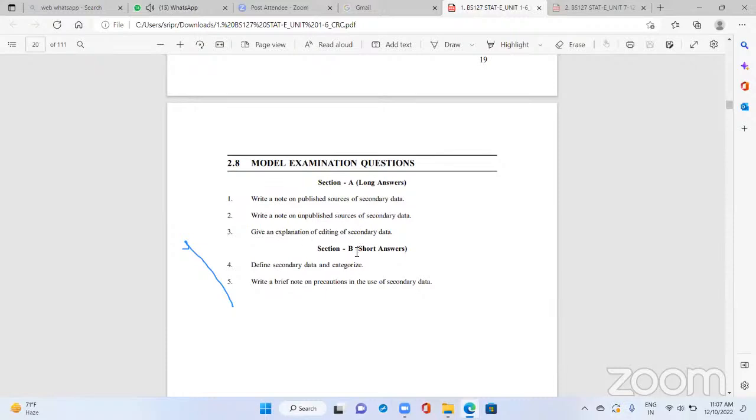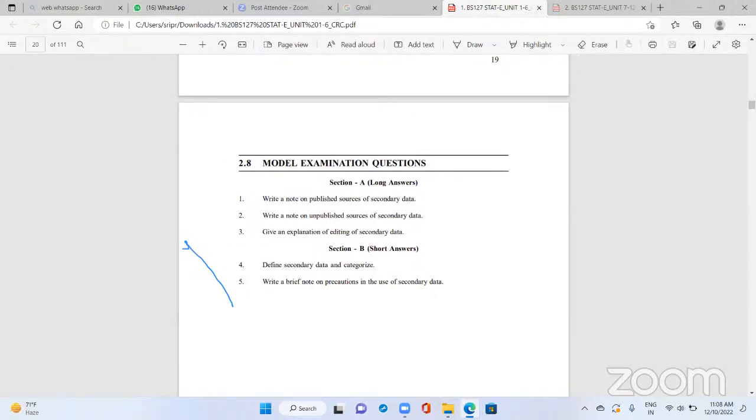So in this unit, write the question: define secondary data and explain what are the methods to collect secondary data.